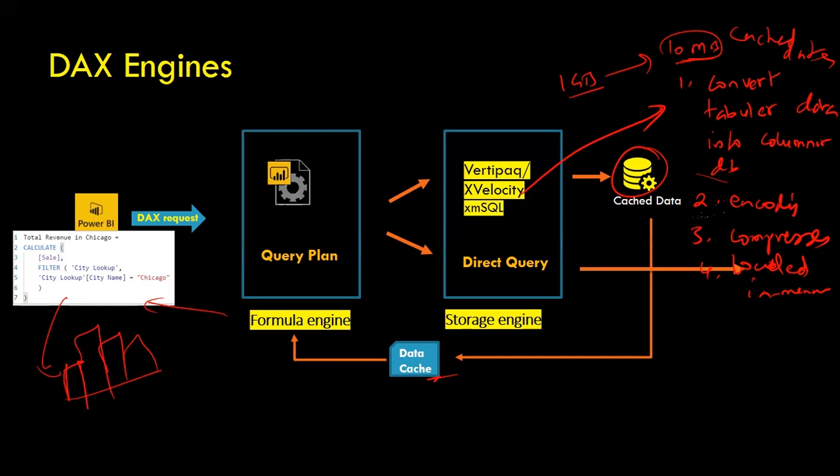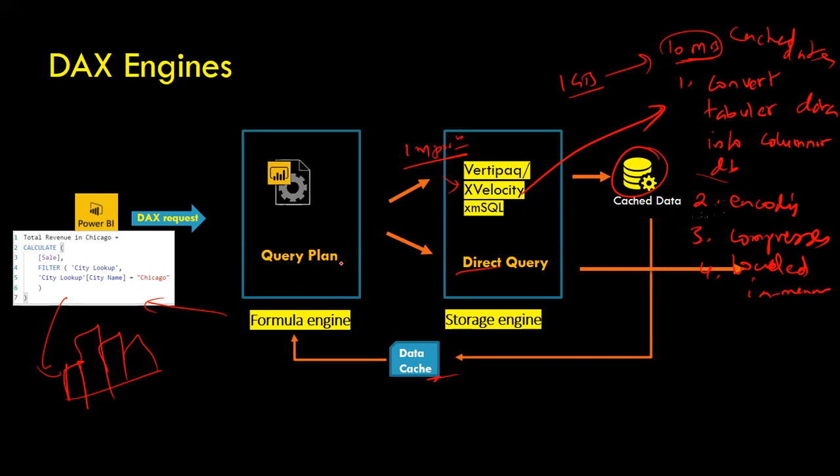Got it? So far we discussed the import mode. In the case of import mode, the X velocity engine gets kicked in. In the case of direct query mode, the formula engine still accepts the DAX query, processes it, and generates the query plan.